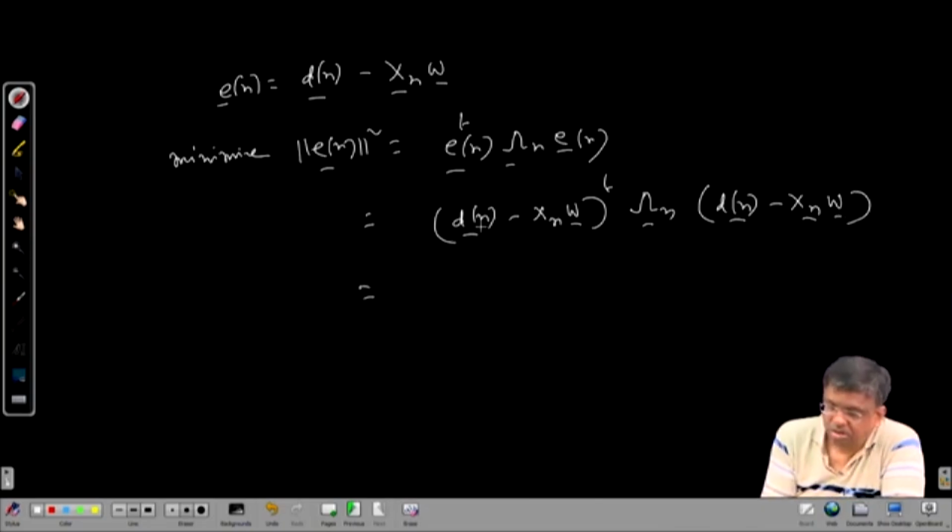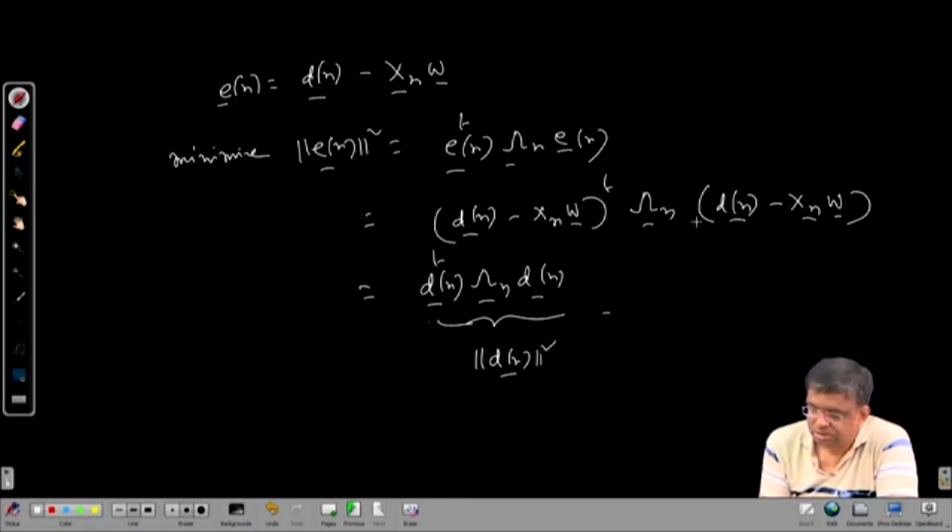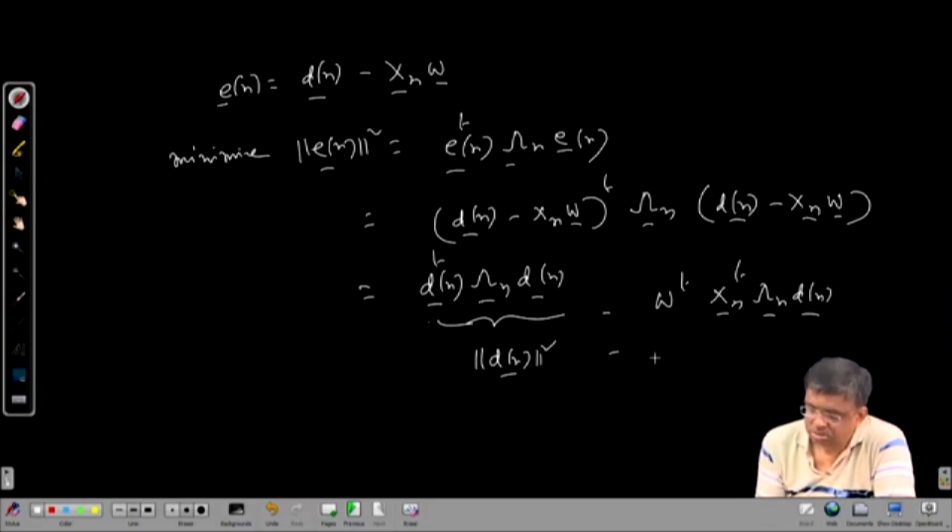Now, if you break it, d n transpose, which is the new norm square in the presence of lambdas, then x n W transpose this. So that means W transpose x n transpose, minus the other cross term, d n transpose, a row vector, this.